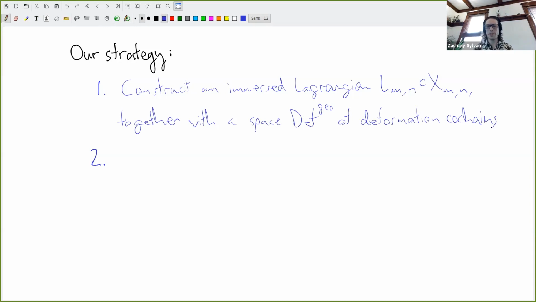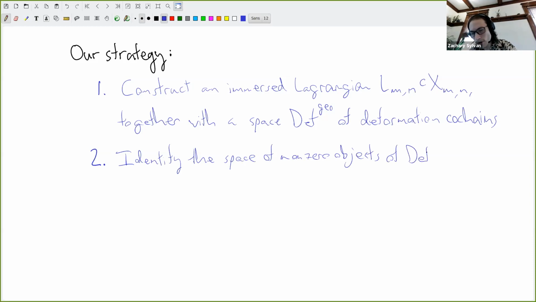And step two is we have to check that this is actually the right thing. So we need to identify the space of non-zero objects of Def geo with the points in the mirror, X_n.